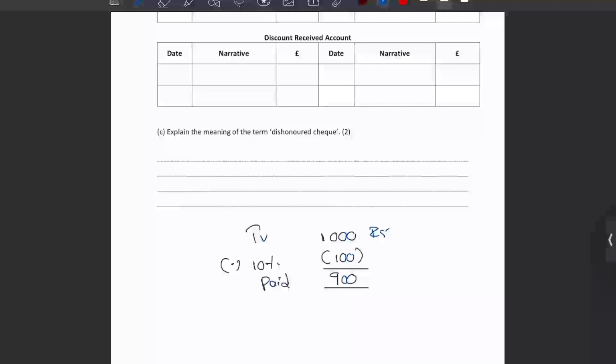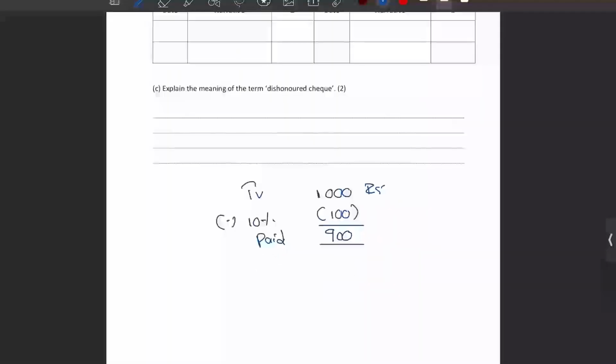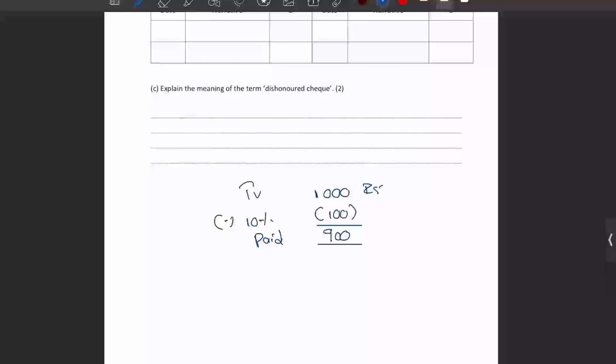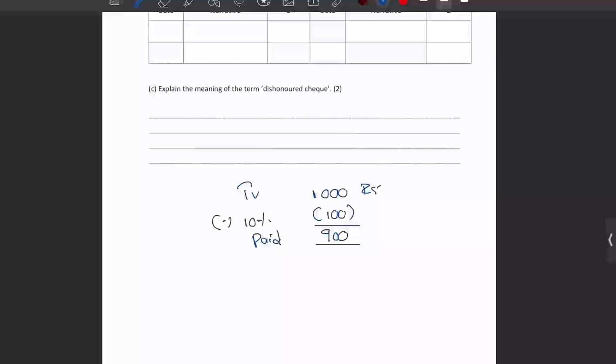Is that clear? Right. First question to you. What is the full amount that you had to pay in total? What was the full price? 1,000. Are you paying 1,000? No, because you are getting a discount of 10%. You pay only 900. Is that clear? Right.